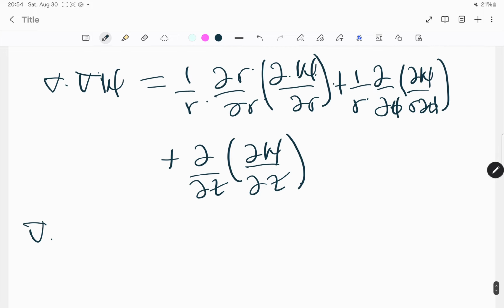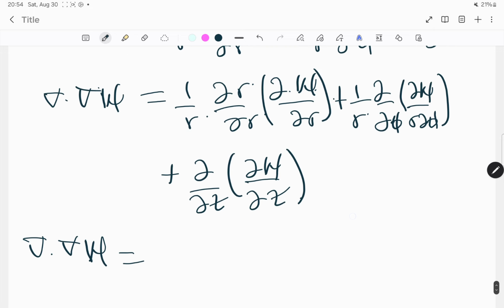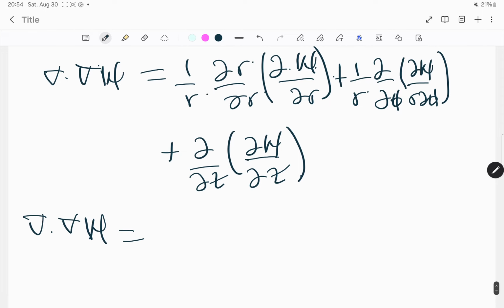Now we just have to do the replacement and differentiate the function that we have.